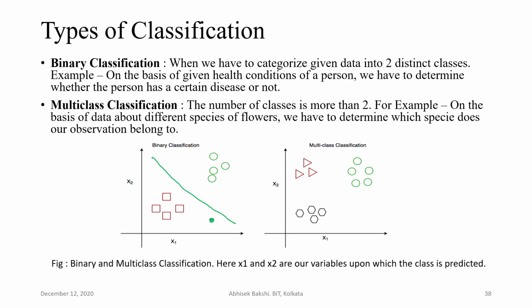Is this point in class 1 or class 2? Suppose this is considered class 1 and this is class 2. Since this particular point is below this line, we can say that yes, this point is under class 1.